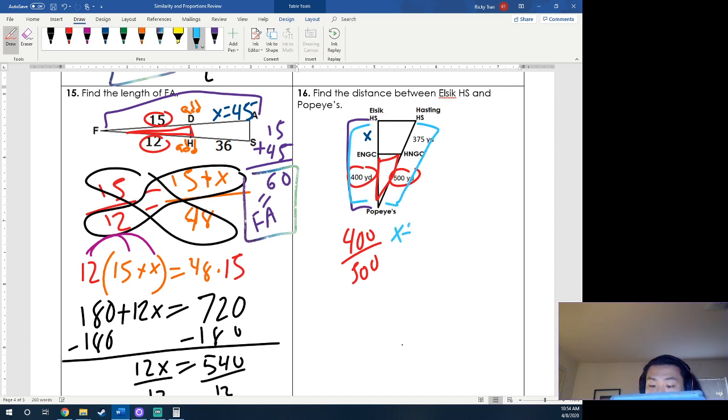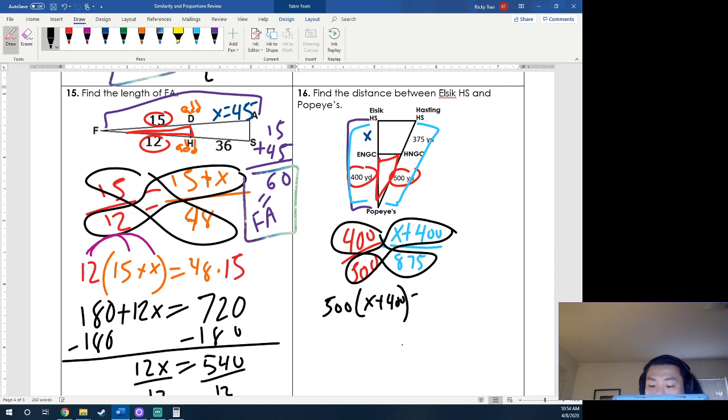So we have x plus 400 over 875. Cross multiply. 500 times x plus 400 is equal to 875 times 400.